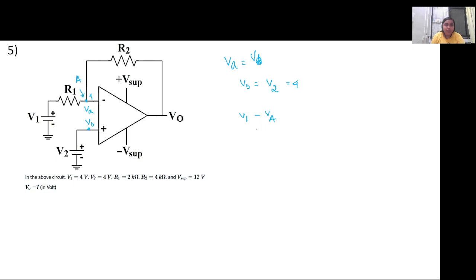Okay, you have to calculate V naught. So it will be equal to VA minus V naught by R2. So calculate V naught. That is the aim that you have.